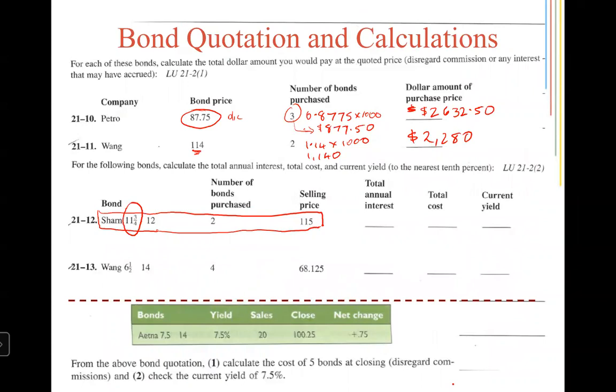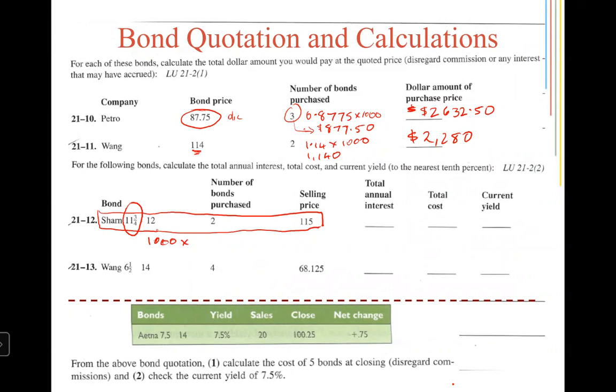Okay. So in this case, we have a bond where the interest rate is 11.75%. How much interest would you be earning from a bond like that? How are you going to find that? 1,000 times 11.75.